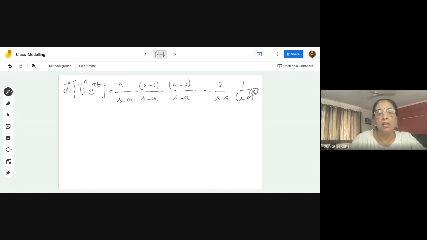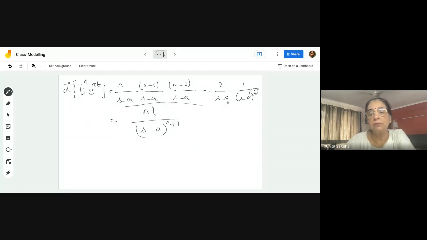Because of this, you will have n factorial upon s minus a to the power n plus 1. Because you'll have n such terms and 1 extra. So you'll have this result. Okay? So this is what we were to prove.